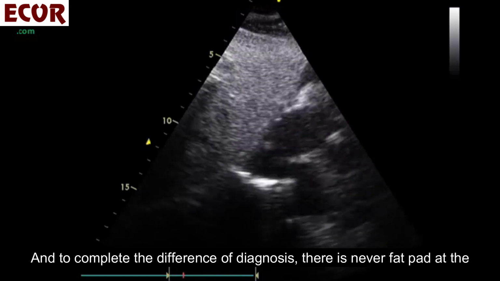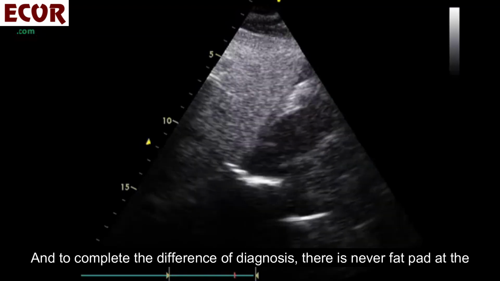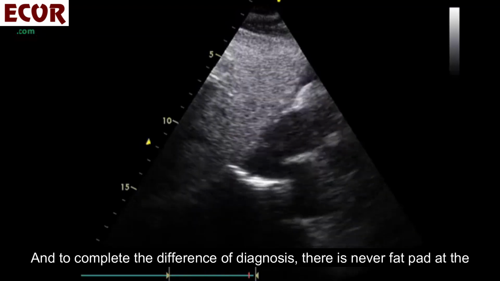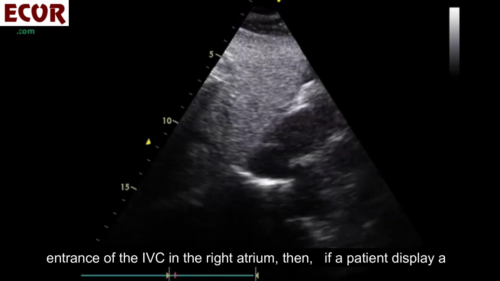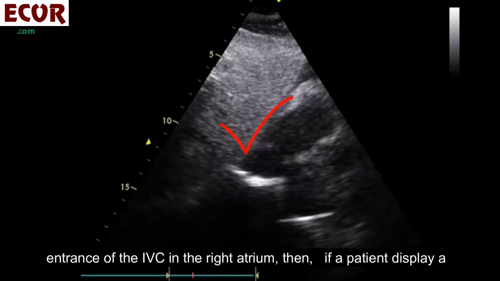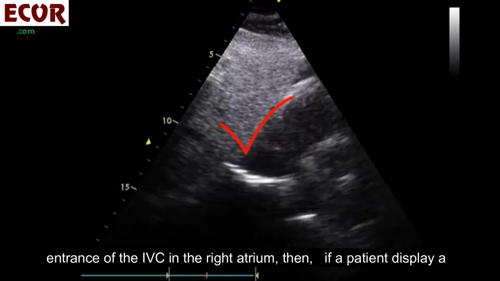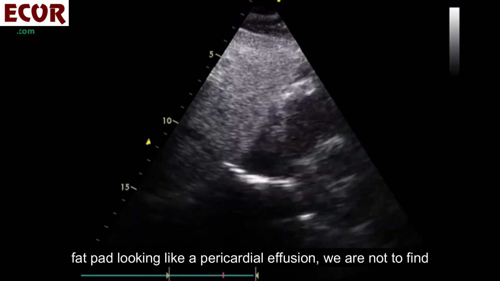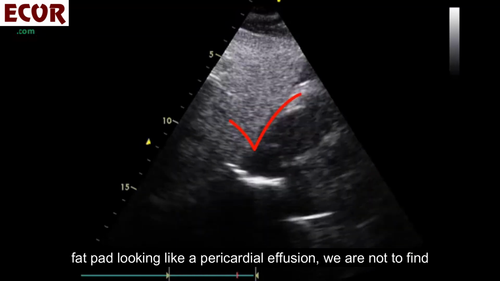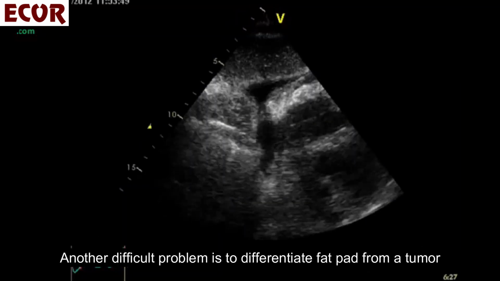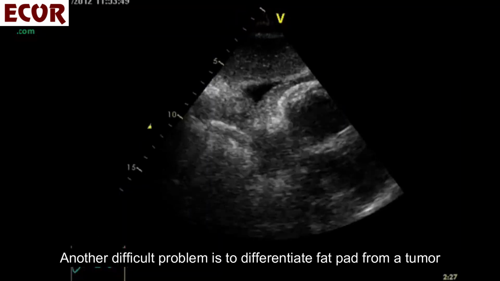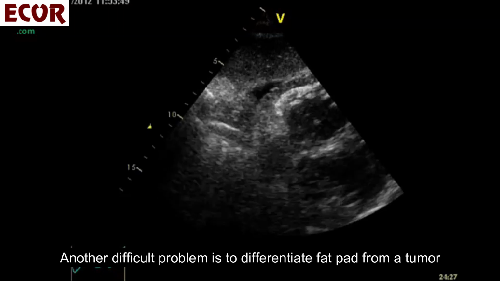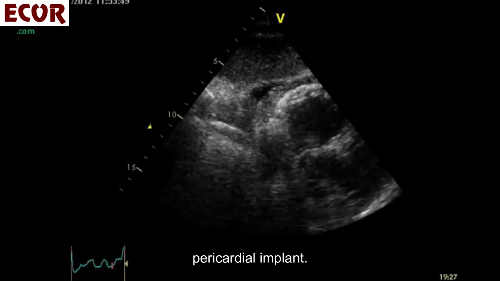And to complete the differential diagnosis, there is never a fat pad at the entrance of the IVC in the right atrium. Then, if a patient displays a fat pad looking like a pericardial effusion, we are not to find any liquid.